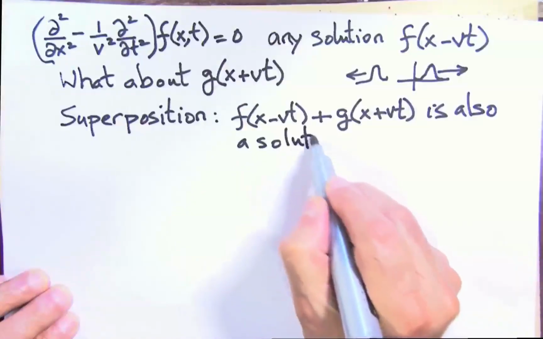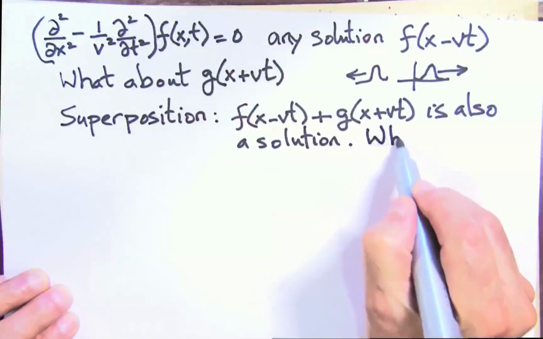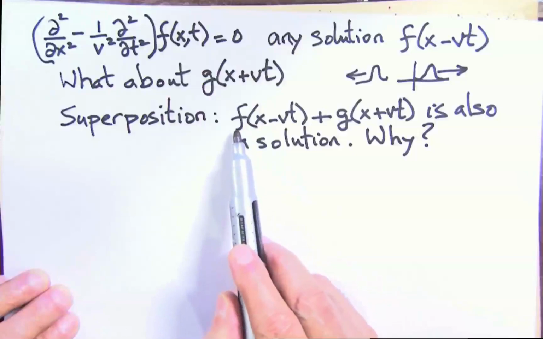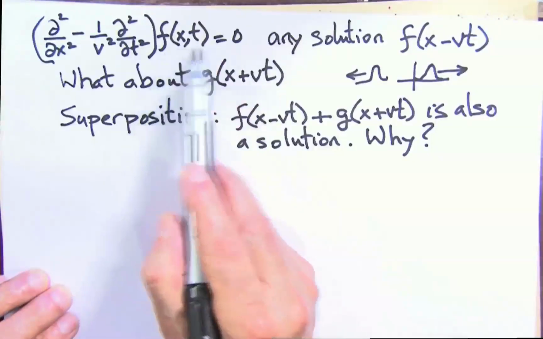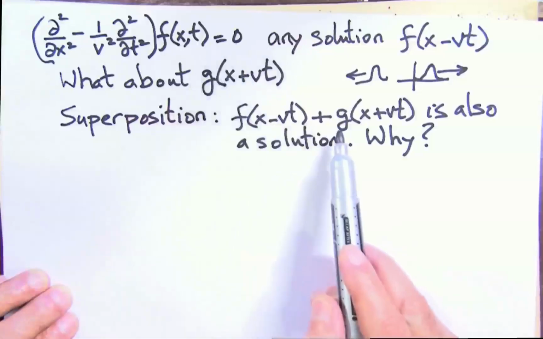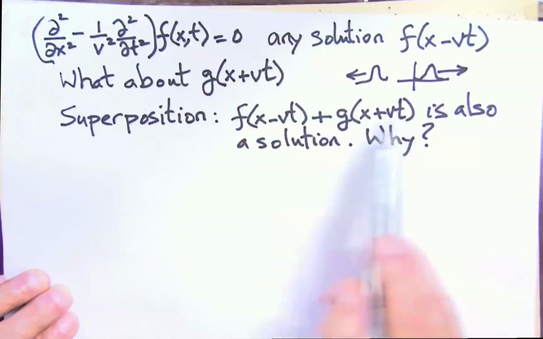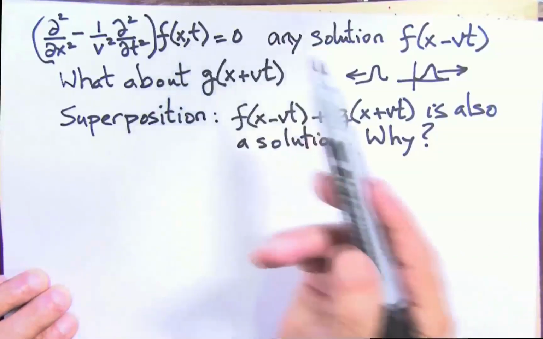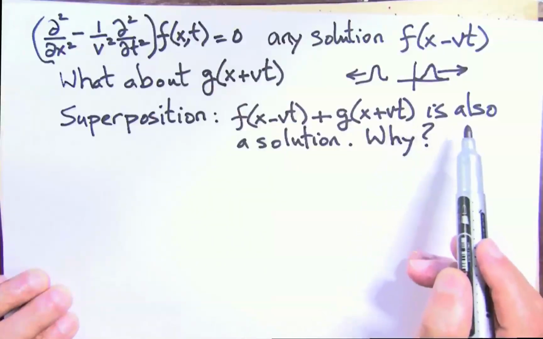Well, how do you check that? It's actually pretty trivial. When you put just this in here, you get 0 on the right side. If you put just this in here, you'll also get 0. And so this plus this is a solution.